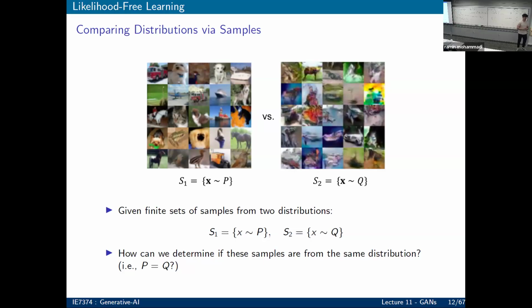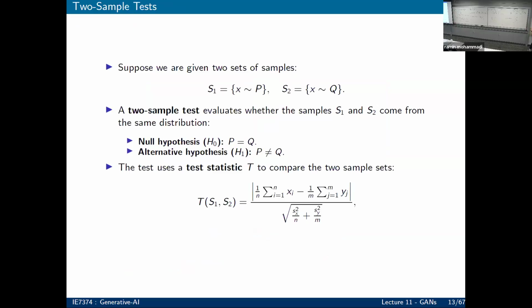Okay, so now one of the techniques for two-sample tests we can use is a t-test. The idea is you have a null hypothesis that these two are similar or they are not similar. In a t-test, you can use different modalities, like mean, variance, or mode, depending on what you're looking for.